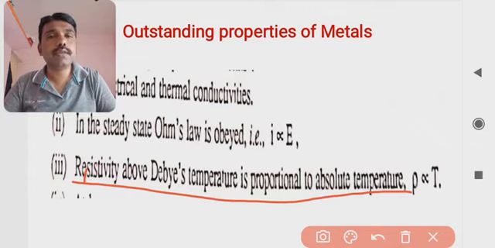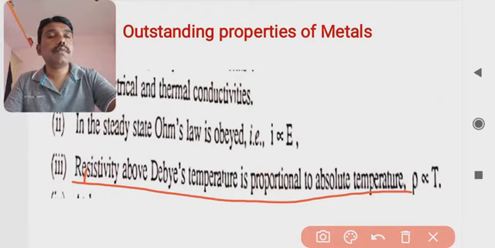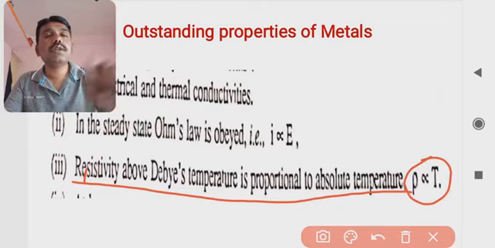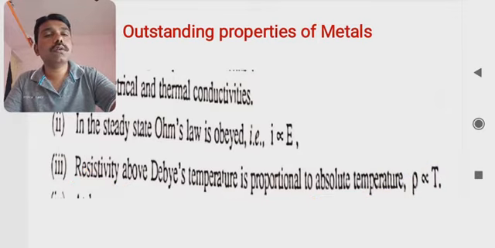This resistivity is related to the Debye temperature. Above the Debye temperature, the resistivity is proportional to the absolute temperature, that is, resistivity is directly proportional to the absolute temperature. This is another property of metals.